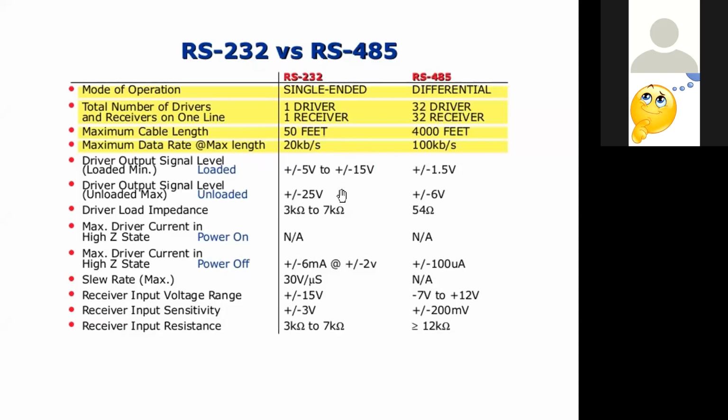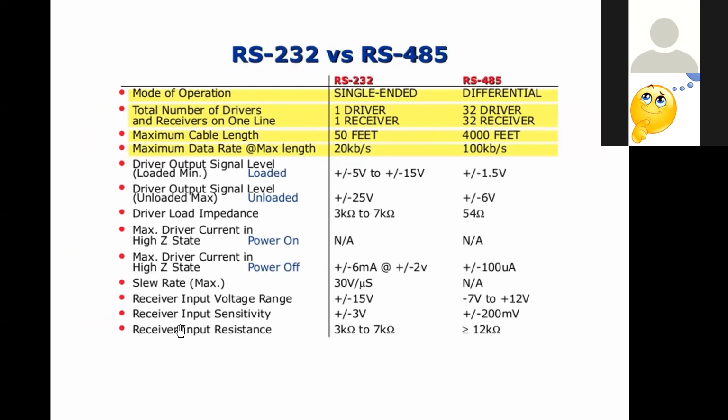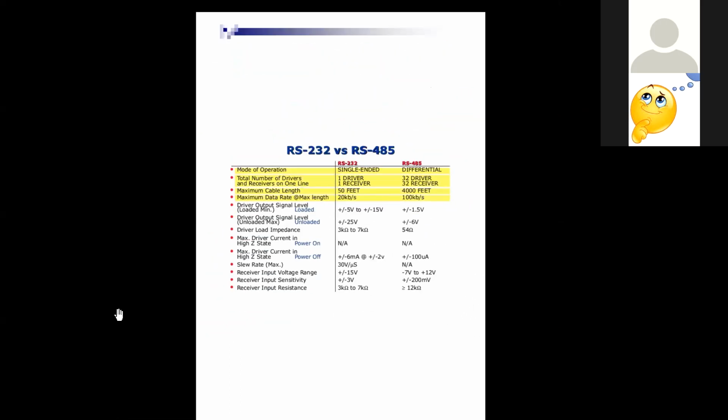And this is the driver output level, and these are all about load impedance and impedance matching, which are very, very important while transmitting a signal. Then input voltage, input sensitivity, input resistance, and all they have given. Okay, so we will see.